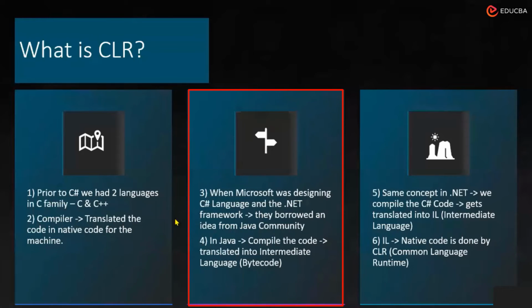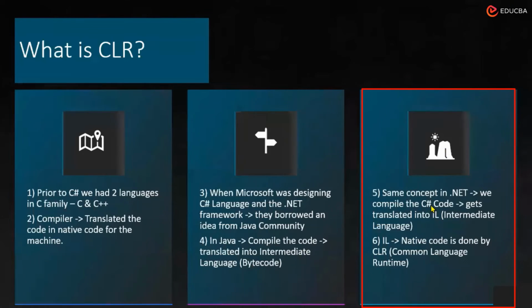Similarly, in Java, when you compile a particular code, it gets translated to the intermediate language, which we also call bytecode. Similarly in .NET, it is compiled into IL, which we call the intermediate language. That IL is then compiled to native code, which is done by the CLR. So CLR plays a very important role in the .NET framework, and this native code can run on any machine on which you're executing it.